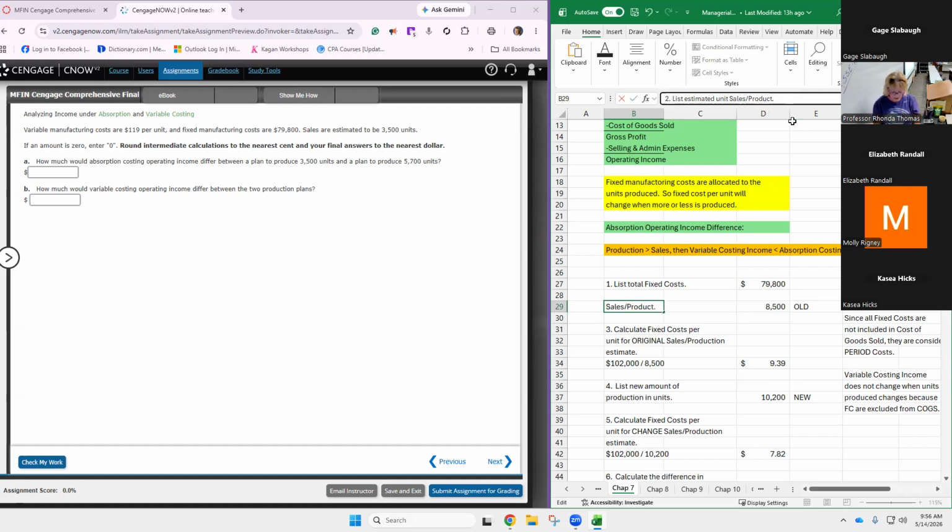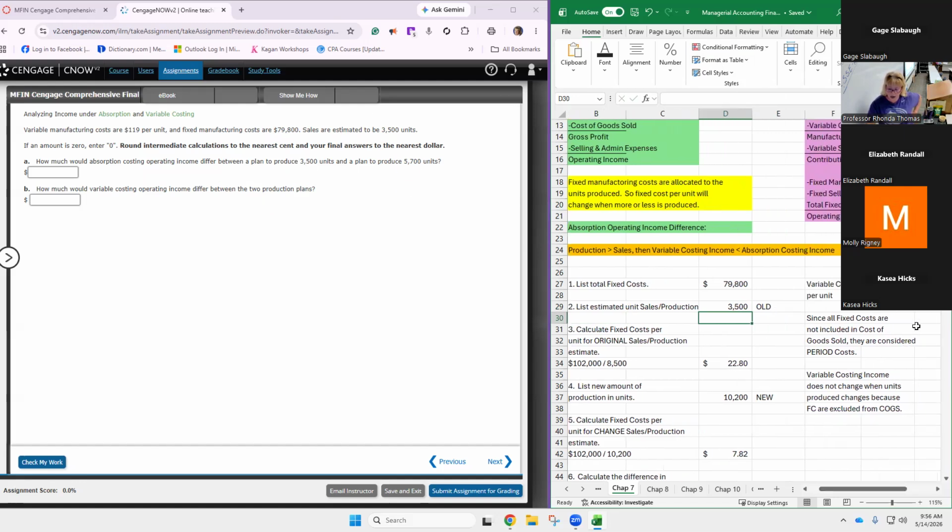So I want to put production, and that's 3,500 units. So I'm sitting here with the original plan, which is fixed 79,800, 3,500 units. And then I'm also going to put the variable cost per unit right here. So everything is in from the problem.